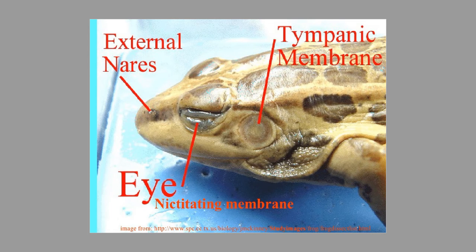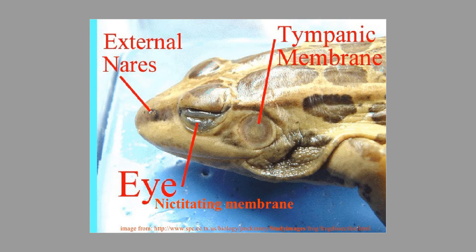Each eye has a thick, dark, immovable upper eyelid and a semi-transparent, movable lower eyelid. A transparent nictitating membrane is attached to the inner margin of the lower eyelid.